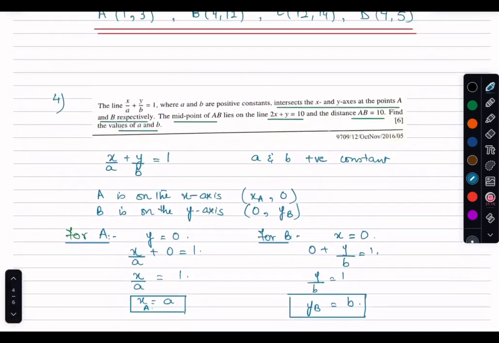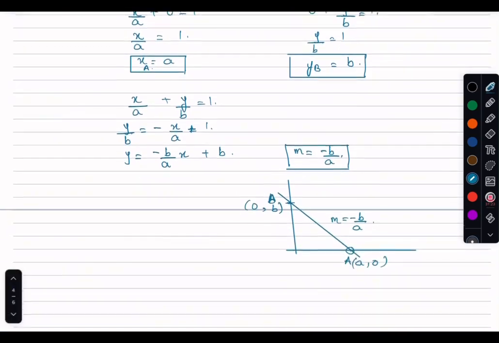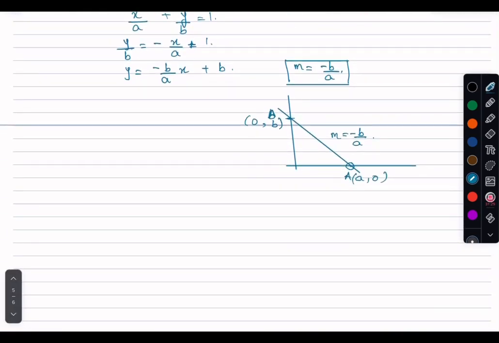The next information that was given was regarding the midpoint, which says that the midpoint of AB lies on the line 2x plus y equals 10. So midpoint of AB, that means it's this coordinate here. If I get the midpoint of AB with the coordinates that I have, the x-coordinate has to be a plus 0 divided by 2, and the y-coordinate should be 0 plus b divided by 2.